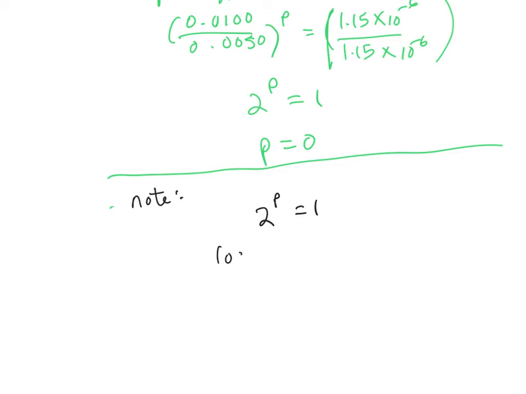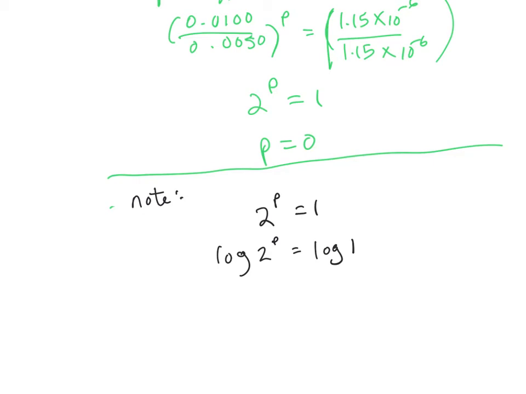So the logarithm of 2 to the power p is equal to the logarithm of 1. Then you take this little p right here, and this becomes multiplicative. The laws of logarithms say that if you take the logarithm of something with a power, you can write the power on the left-hand side as the multiplier.